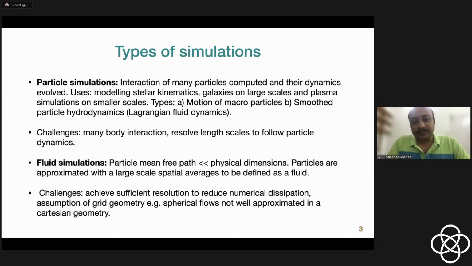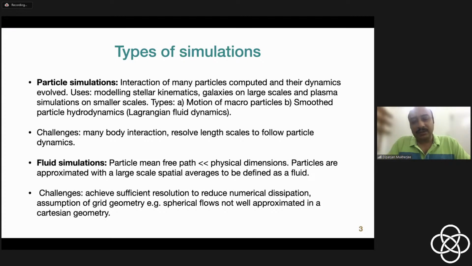For example, for gas dynamics from a particle point of view, we evolve the motion of macro particles of ions and macro particles of electrons, which are interacting with a background electromagnetic field. These kinds of simulations are called particle-in-cell simulations, or PIC simulations.